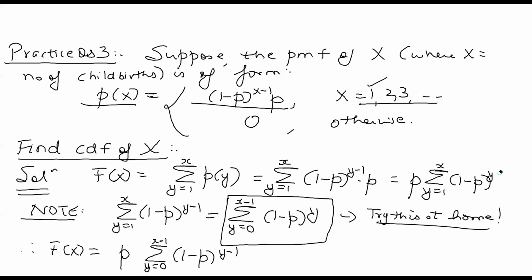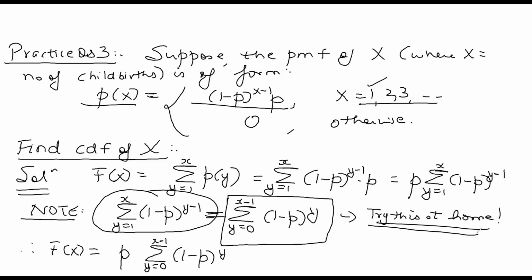This is y. I mean, this is y minus 1, but this is y. So I can write p summation as y goes on from 0 to x minus 1, (1 minus p) to the power y. Why can I write it? Because this is exactly equal to this term. You can try expanding at home.